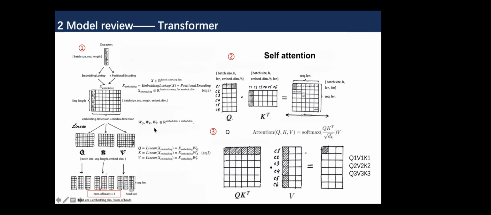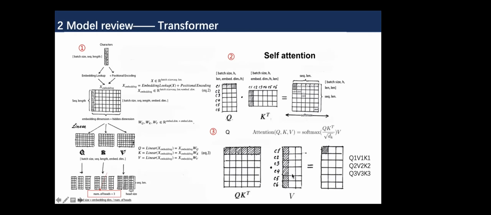For the calculation, we multiply the input X with WQ and we get Q. We do the same calculation for K and V, because WQ was divided into 3. So we get Q1, Q2, Q3, K1, K2, K3, and V1, V2, V3. Next we multiply Q and K together, getting Q times K transpose. We get this kind of matrix, and we apply softmax to it.